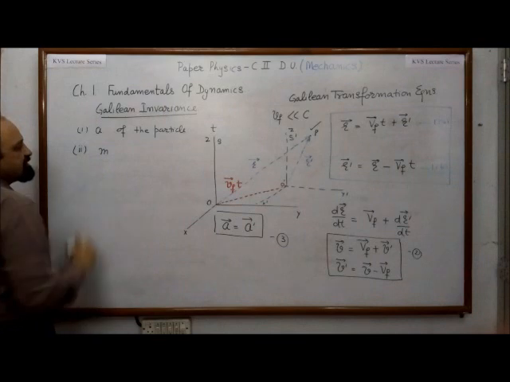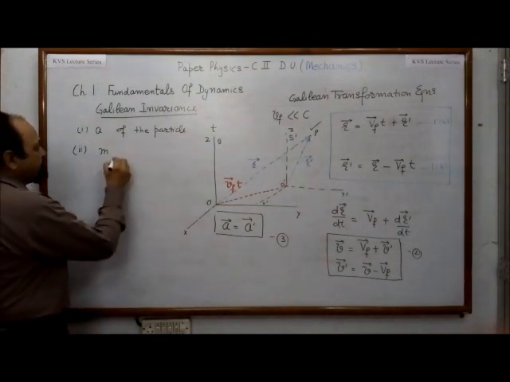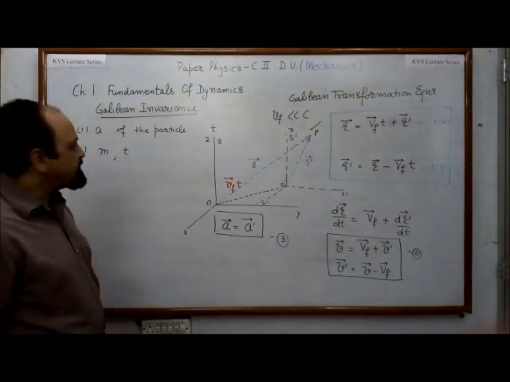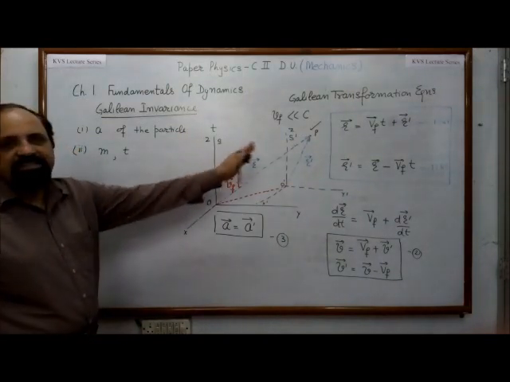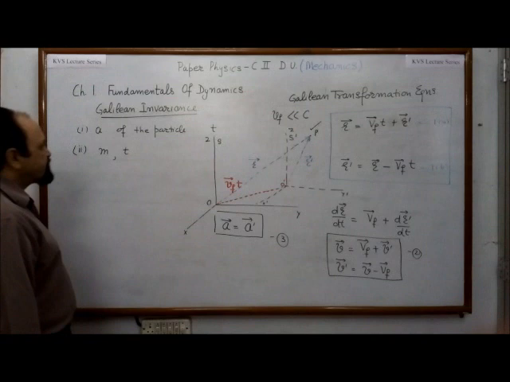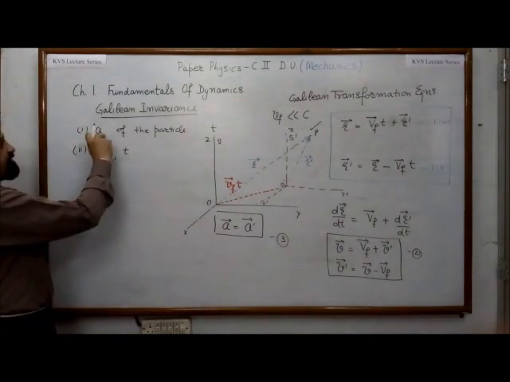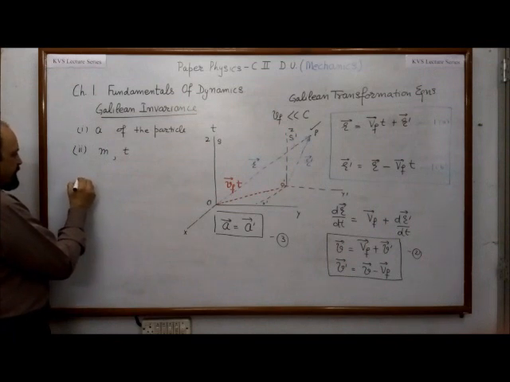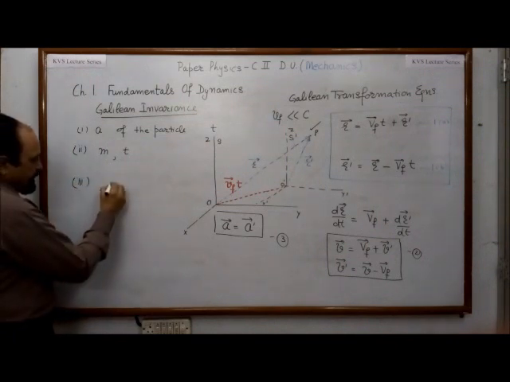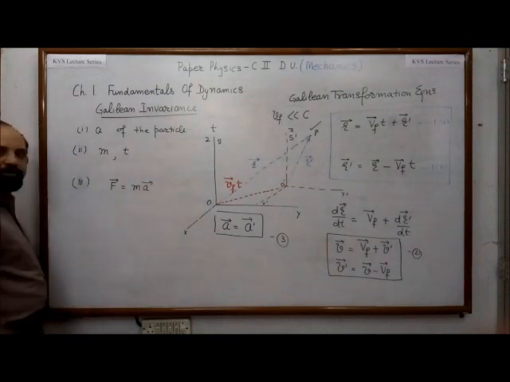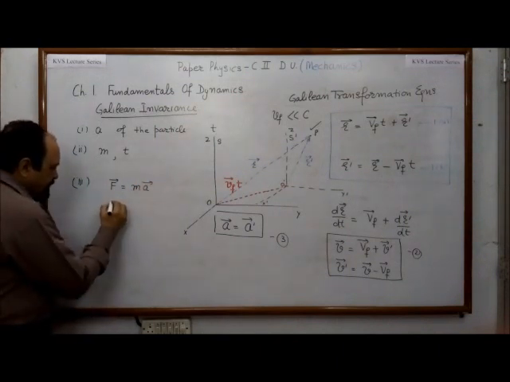Moreover, the mass and time interval t are taken to be invariant in these inertial frames. If mass is multiplied with acceleration, I yield one equation, that is the equation for the force.